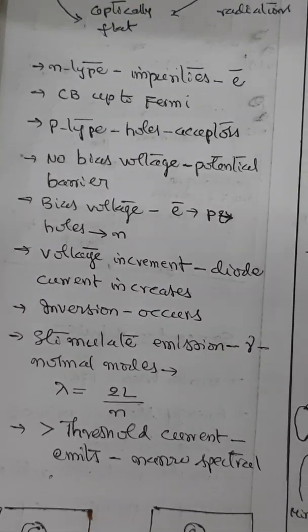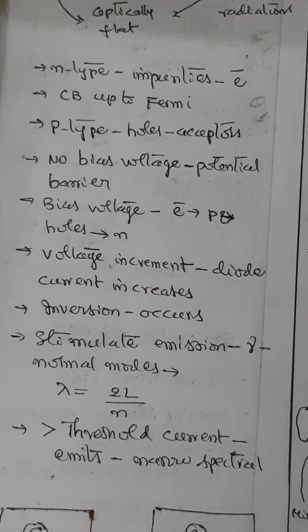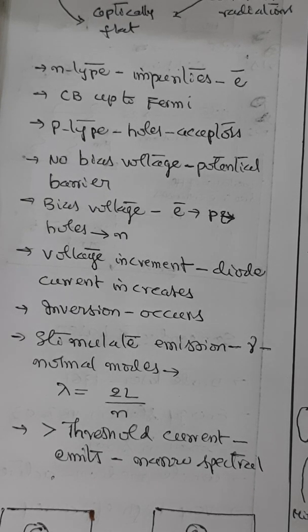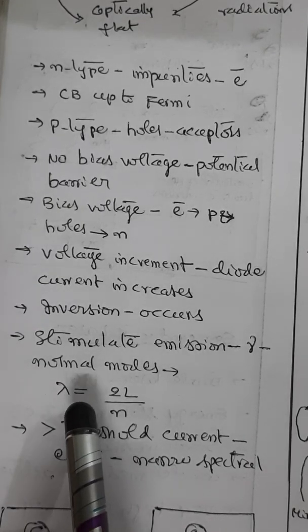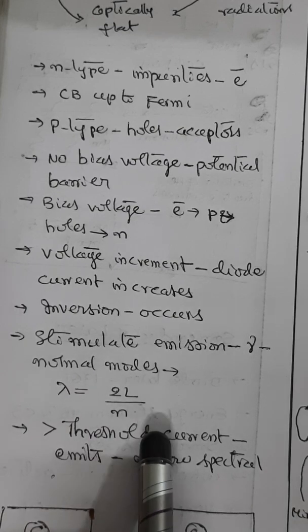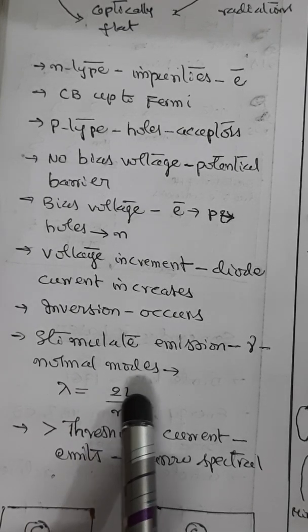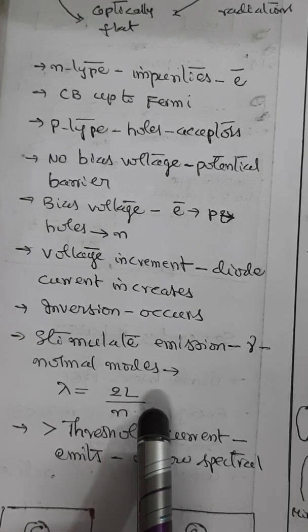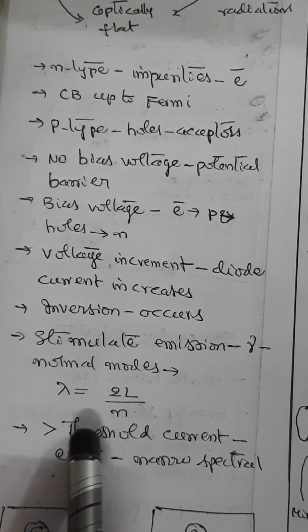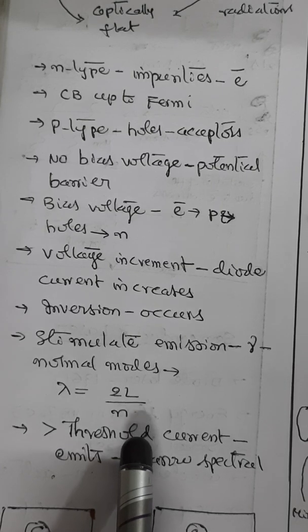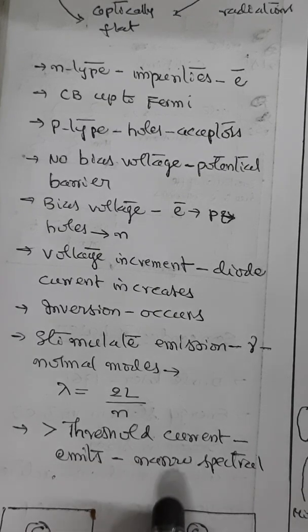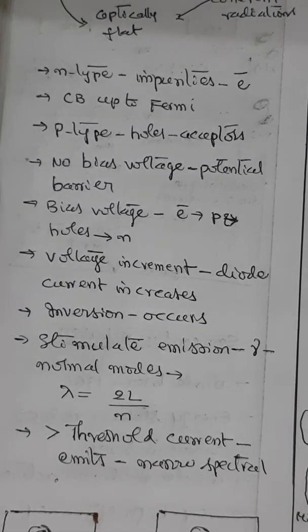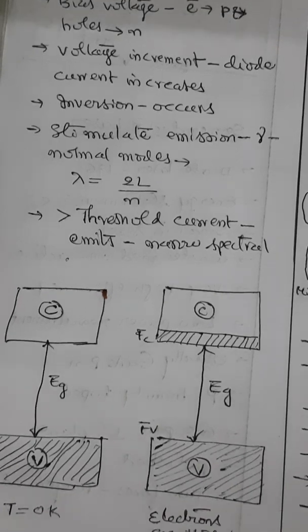Based on that, stimulated emission occurs at some frequencies which correspond to normal modes of the cavity, whose wavelength can be calculated using the formula lambda equals 2L by N, where L is the length of the cavity and N equals 1, 2, 3. Above the threshold current, the diode emits stimulated radiation with a narrow spectral emission. So in that case, the band structure looks like this.